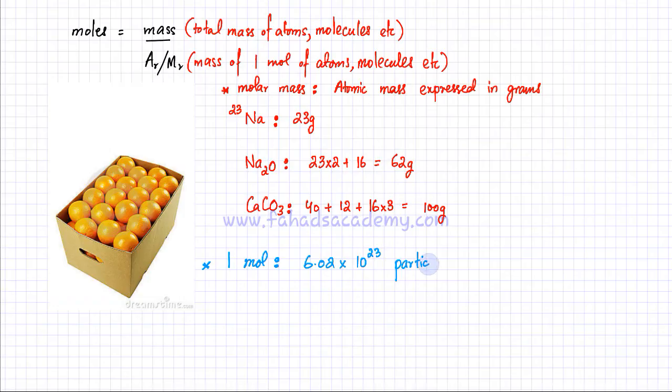And you're not really going to count that many particles. It's impossible to count a number which is this large. 6.02 into 10 raised to power 23 particles means that you would have to count up to a number which has 23 zeros, and that's a very, very large number.